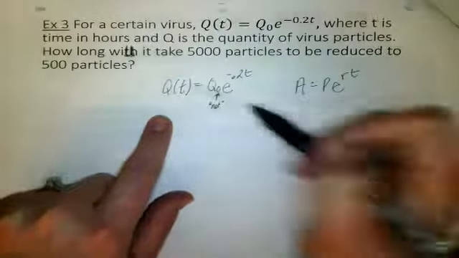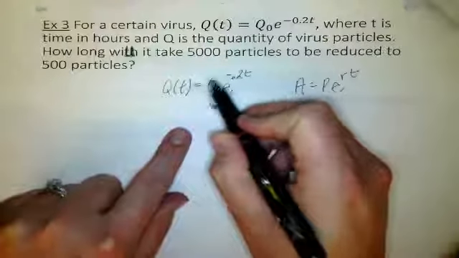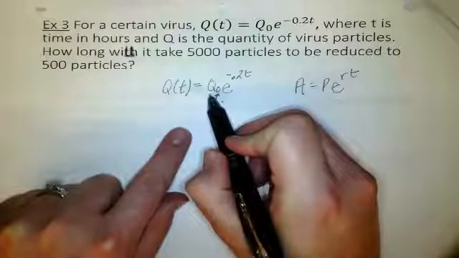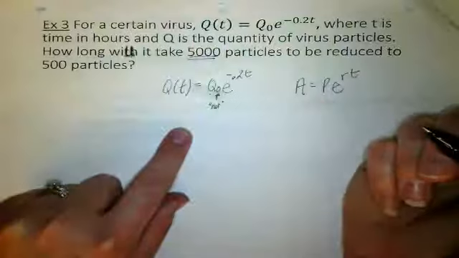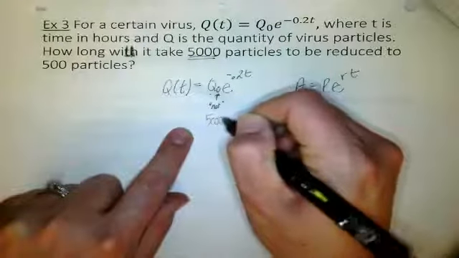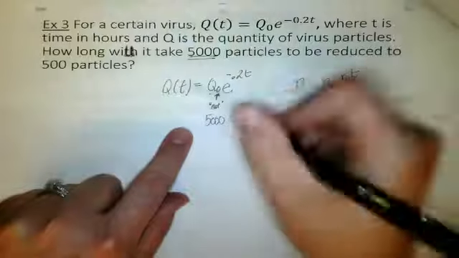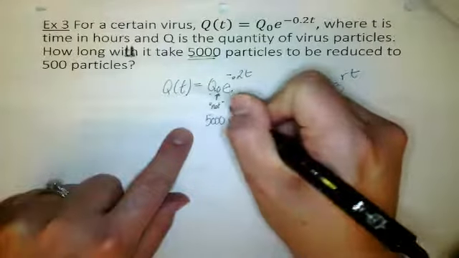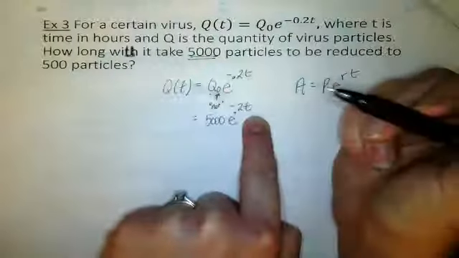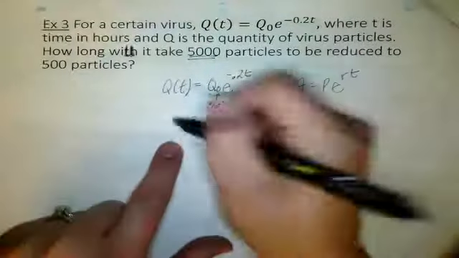Okay, so what are we putting in for our initial quantity? That's the initial 5,000. We started with 5,000 virus particles. And we want to find the time for Q to equal how many? 500.